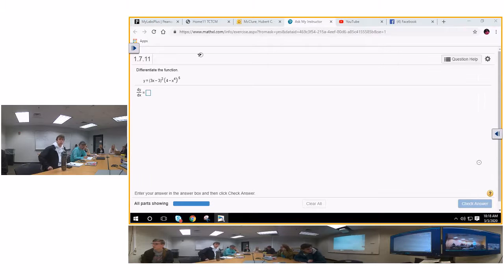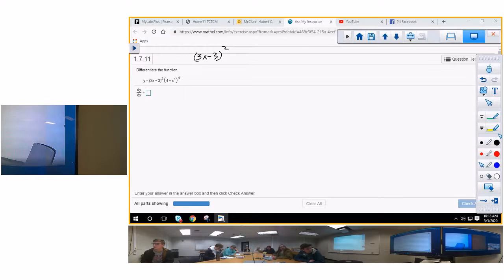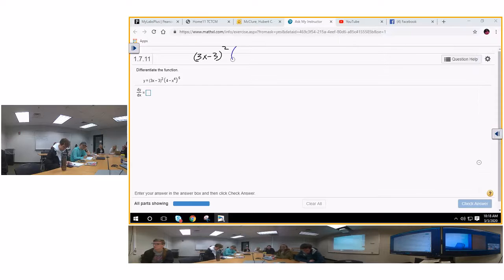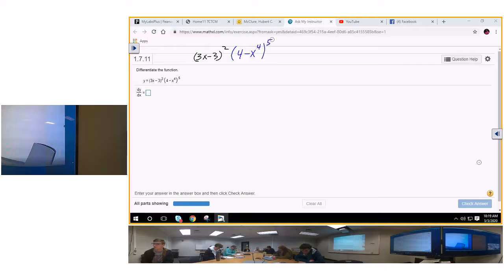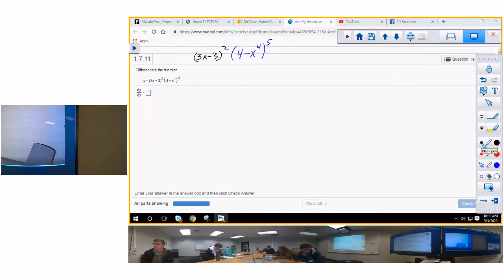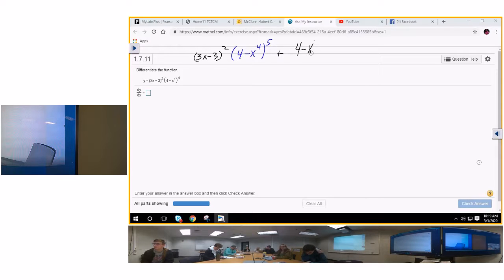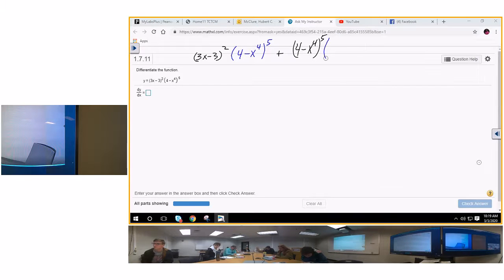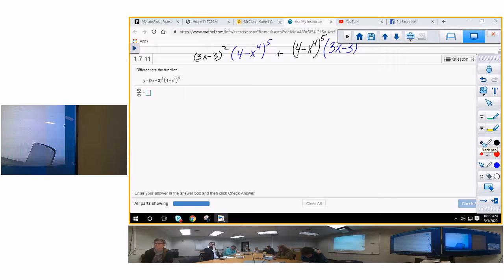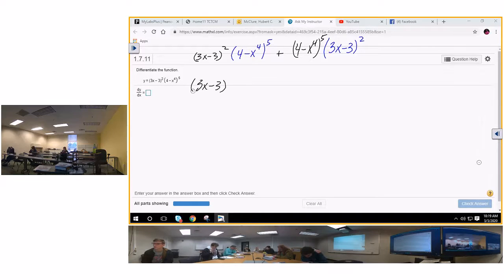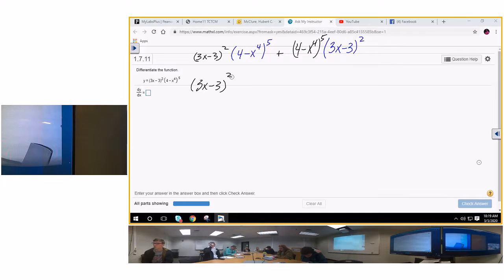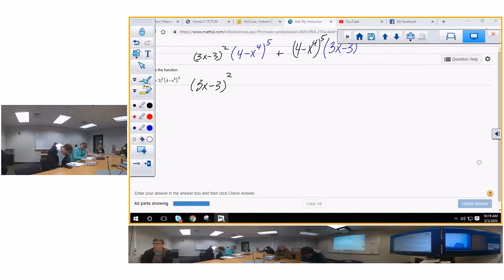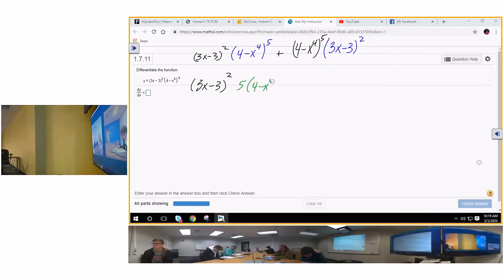First times the derivative of the second: 4 minus x to the fourth raised to the fifth power, plus the second, 4 minus x to the fourth to the fifth power, times the derivative of the first: 3x minus 3 squared. 3x minus 3 squared, there it is, times 5, 4 minus x to the fourth power.